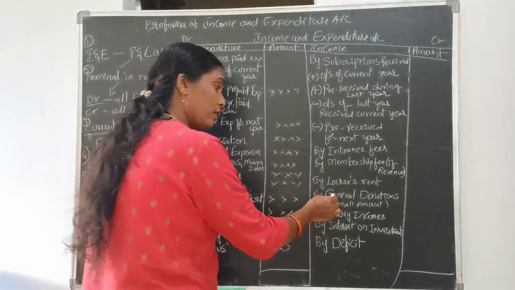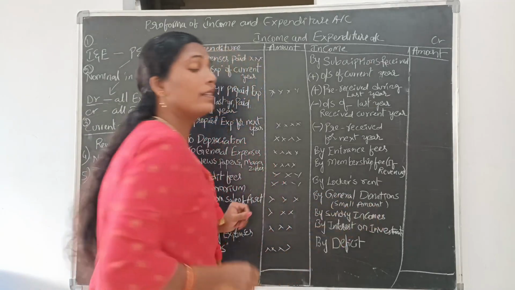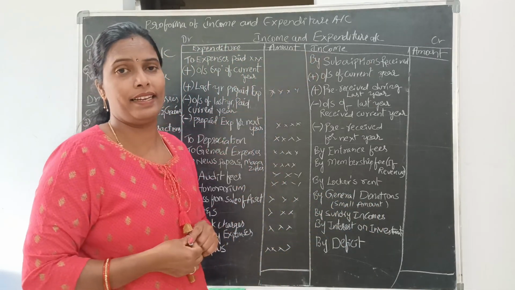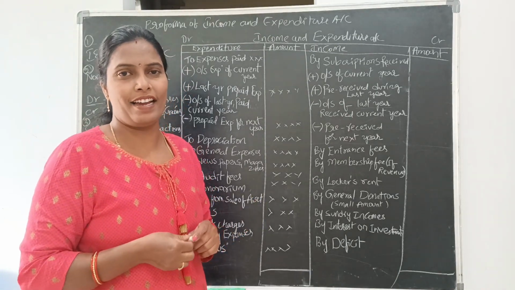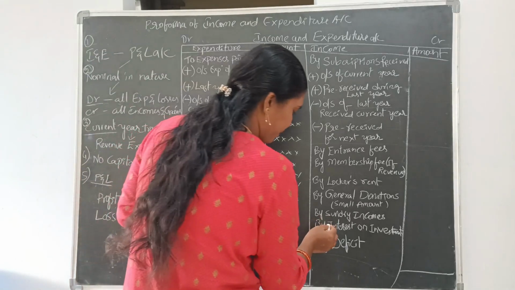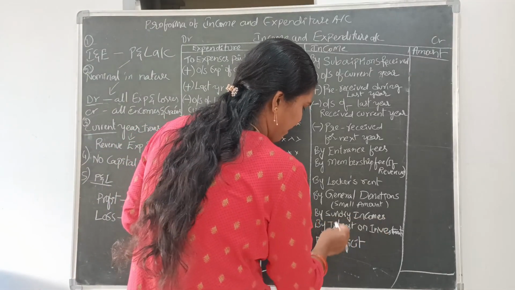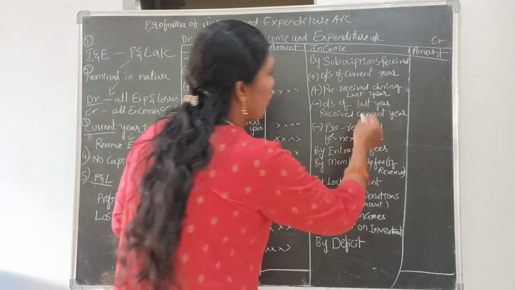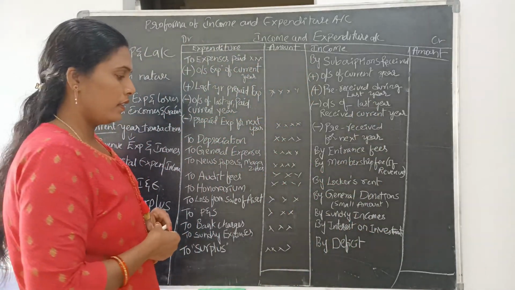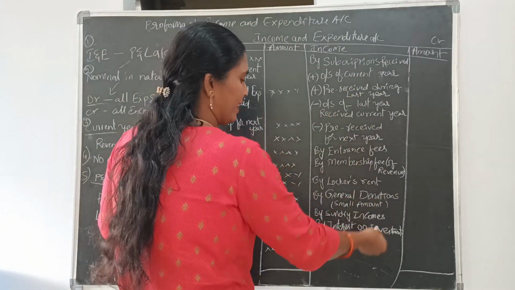In general donations, if it is a small amount, then take it to the credit side. If it is a big amount, simply capitalize that amount. Now sundry incomes, petty incomes, interest on investments. These all come under the income side. So simply make the total.